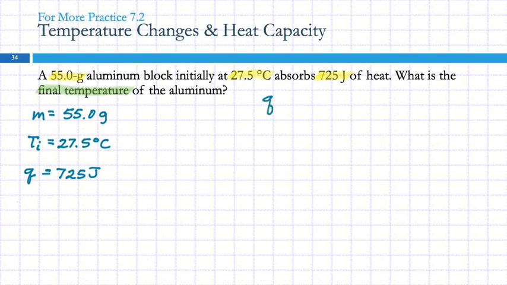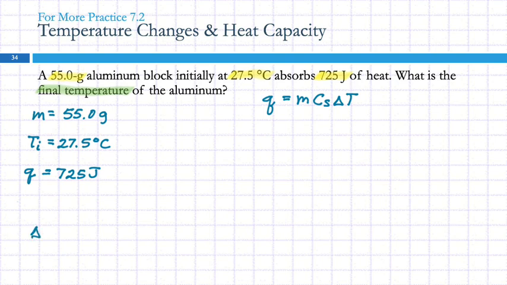Well, we know that Q equals M C sub S delta T. So we've got Q and M, and we can look up the specific heat capacity of aluminum. But final temperature is not in that equation. But we could calculate the change in temperature, right?